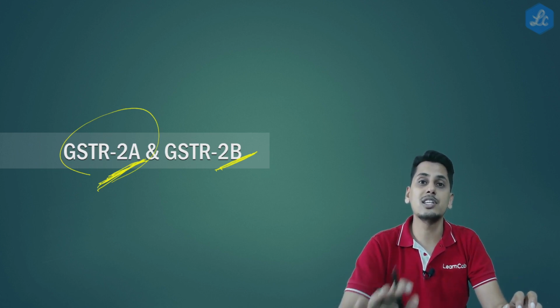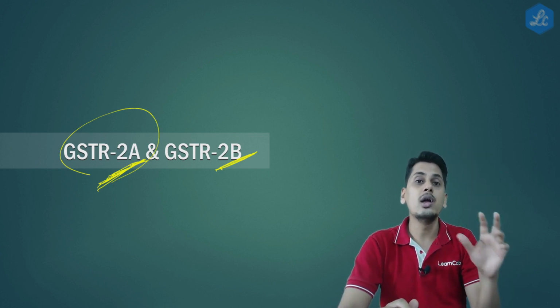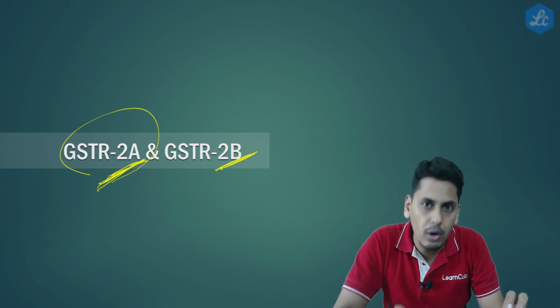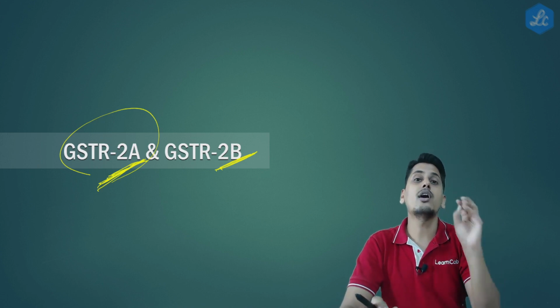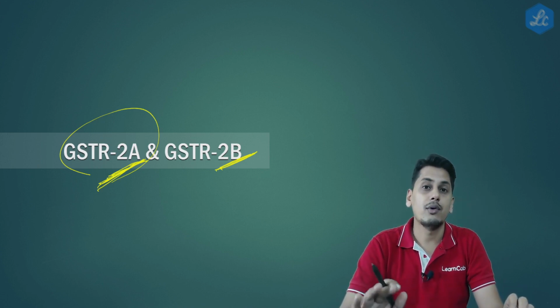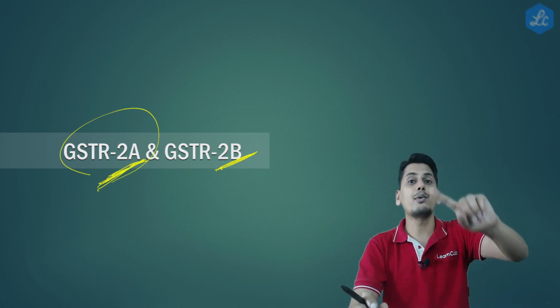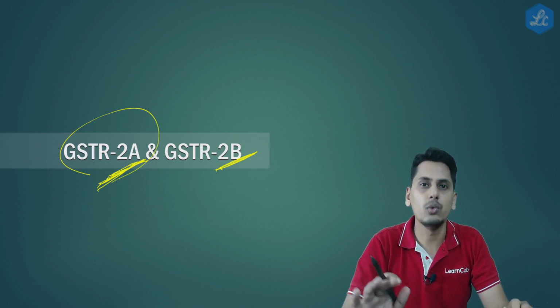You are not in a position to bifurcate. When you are not in a position to bifurcate which of the invoices appearing in 2A were filed within the due date, you cannot comply with 36 sub rule 4, because 36 sub rule 4 tells you 100% of invoices which are uploaded by the suppliers within the due date.